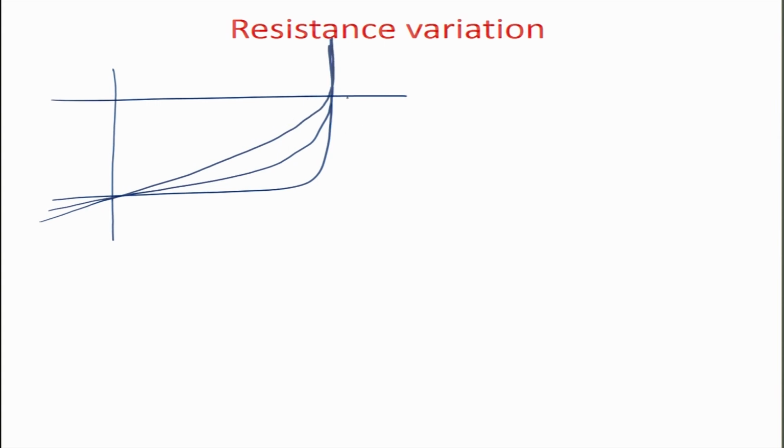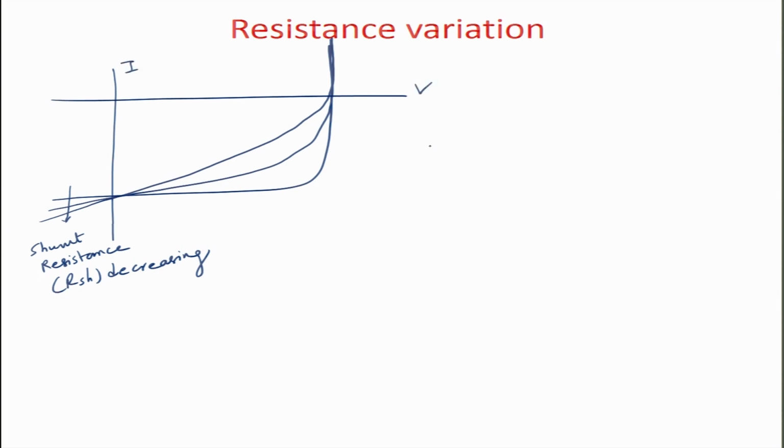So, no change in series resistance, but you have change in the shunt resistance. So, this is shunt resistance RSH decreasing, because here the slope is increasing, all right.